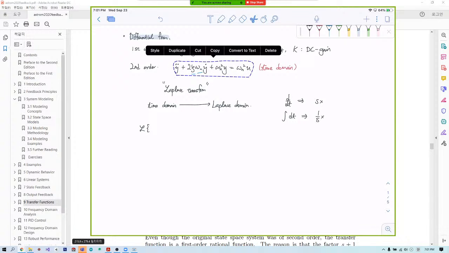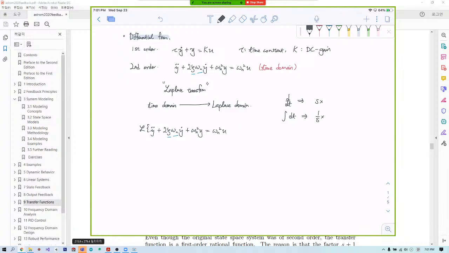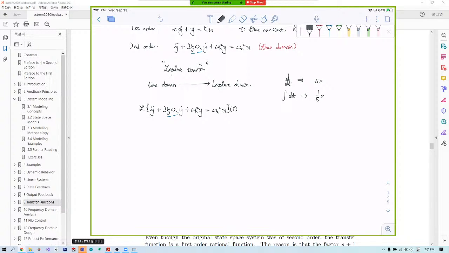I'm just going to copy and paste. And what's going to happen? We have y double dot, which is equivalent to multiplying by s squared because we differentiated twice. So we got s squared times Y. We denote uppercase Y to indicate that the lowercase y that was expressed in time domain is now converted into the Laplace transform of that.